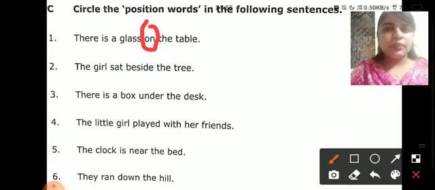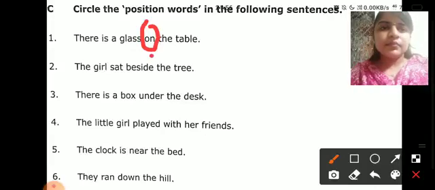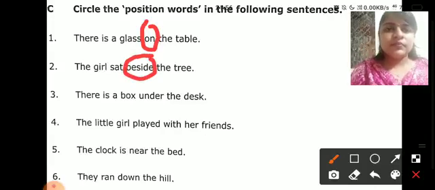Done? Number 2. The girl sat beside the tree. Now in this sentence, what is the position word? Beside. The girl sat beside the tree. Circle the word beside. Done?